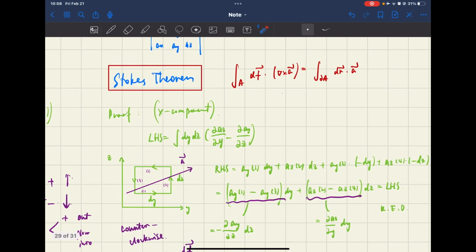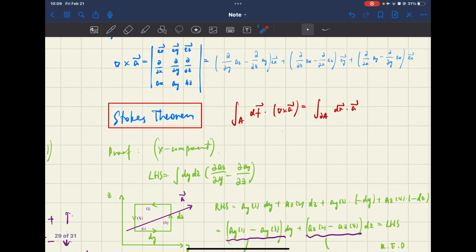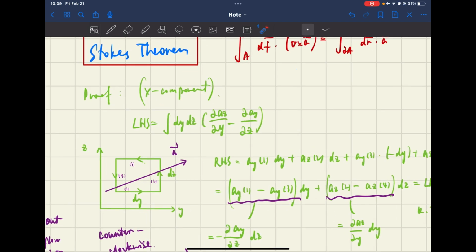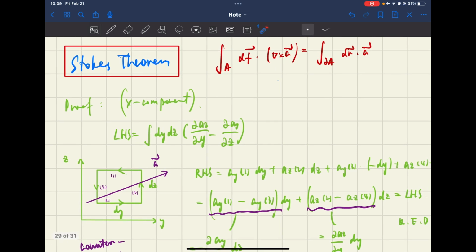So for the left hand side, we just put down what we had for the expression of del times vector A on the x axis, times the surface element in the x direction, which is dy times dz, because x is flowing in this direction, and this is y, this is z.